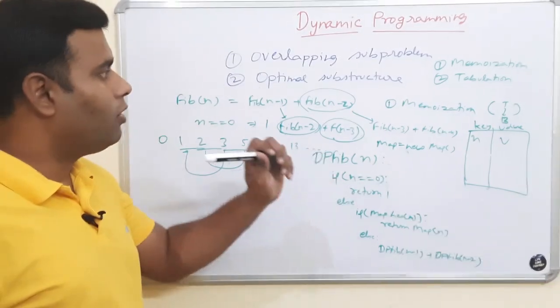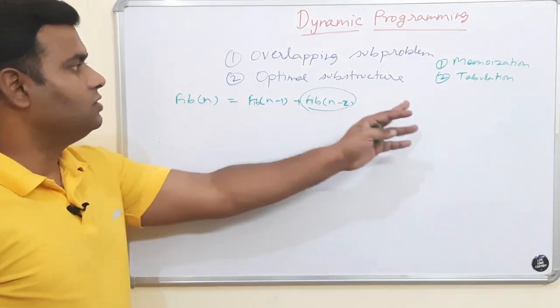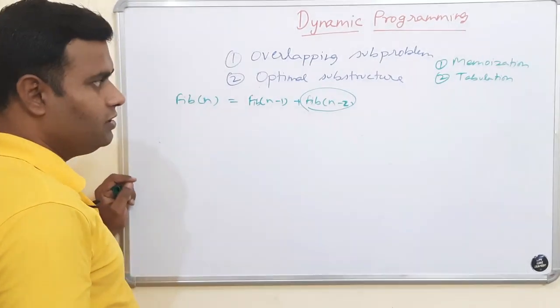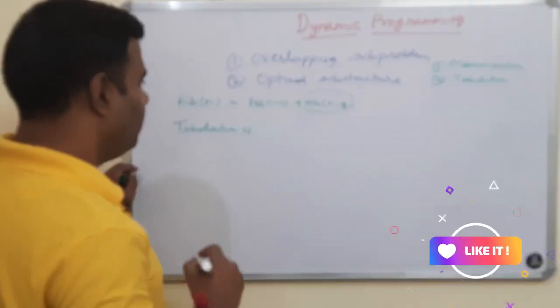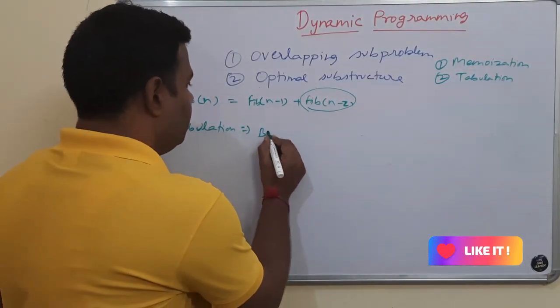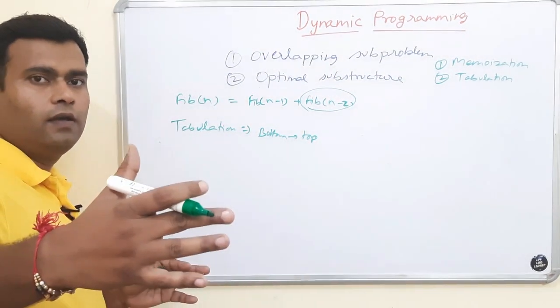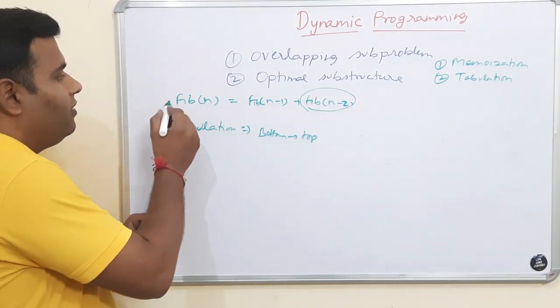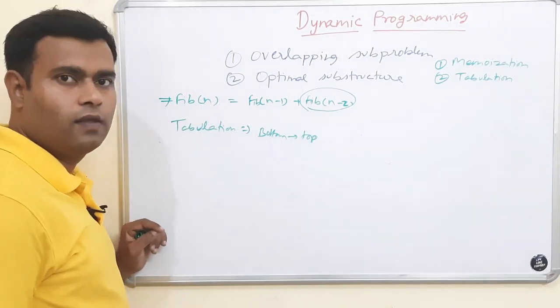Let's solve the same problem using the tabulation method. So let's solve this Fibonacci using the tabulation method. In tabulation, what is tabulation basically? It is solving the problem from bottom to top, right? Bottom to top means you are building up the solution. So to solve Fibonacci of n, you know you have to first find n minus 1 and n minus 2.